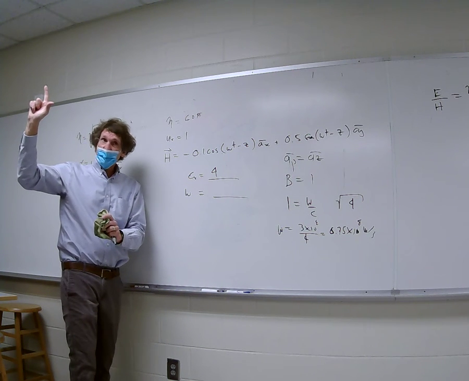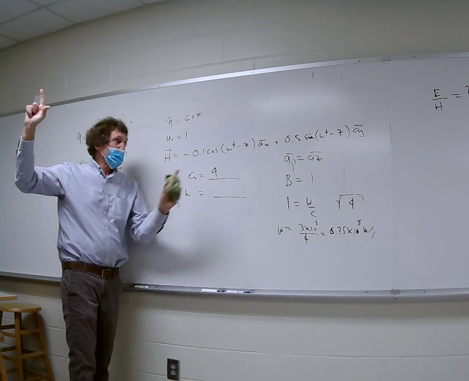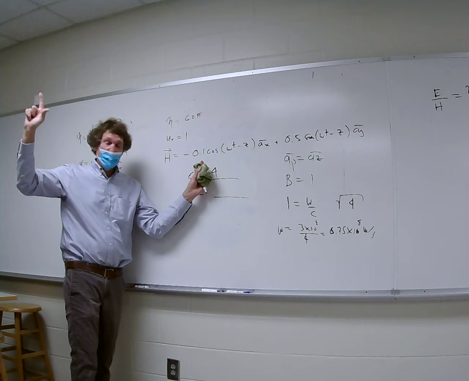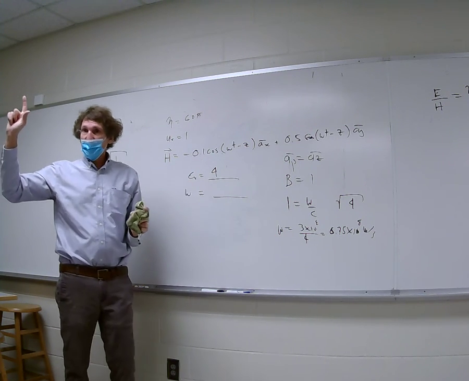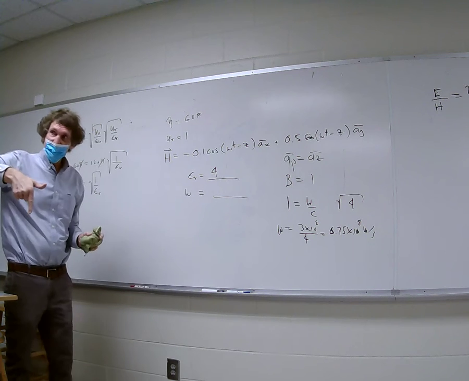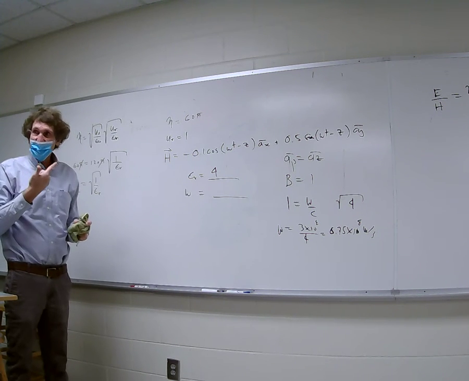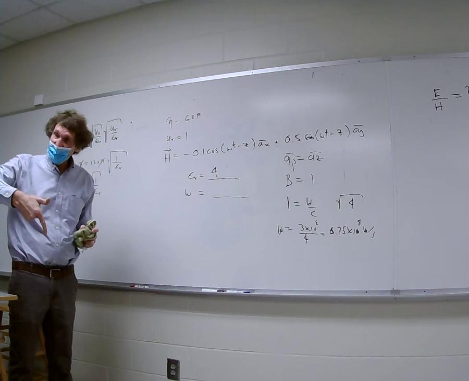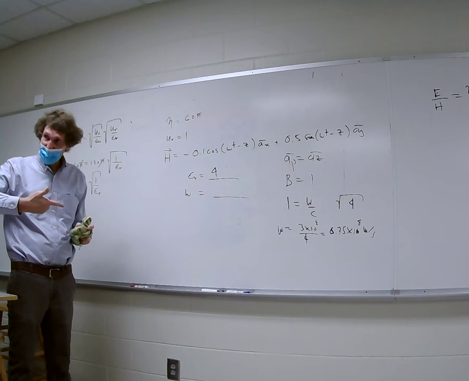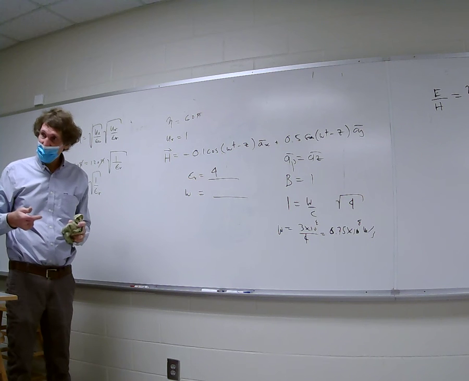I don't know the direction of the E field, but I know the direction of the H field here. The H field's in the minus X direction, isn't it? So what I need is something crossed into minus X that'll give me plus Z, right? So it'd be minus AX minus AY equals plus AZ. Do you agree with that?